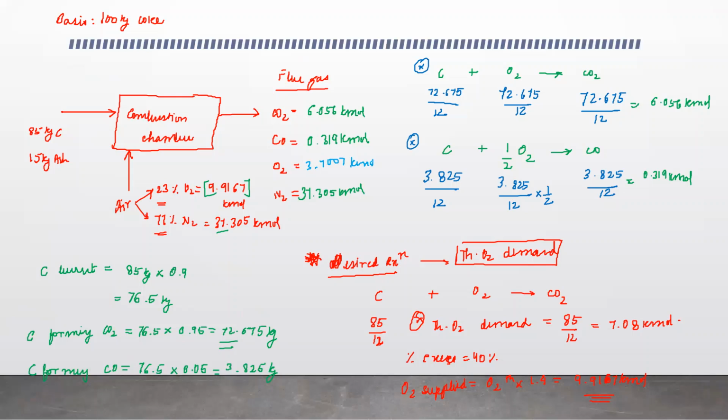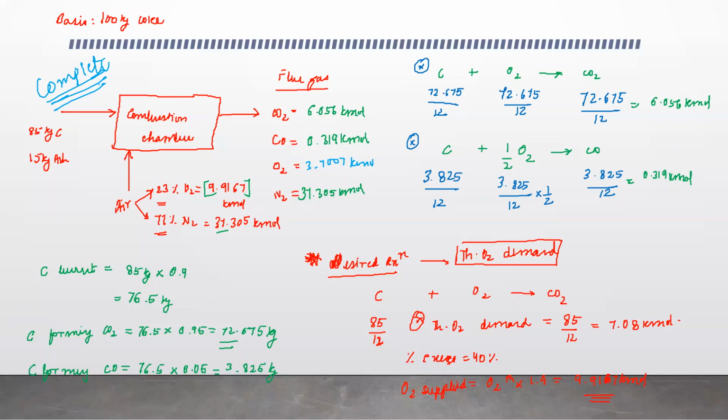We have the outlet flue gases. We have air, whatever has been fed. So we have everything in this block diagram. Our block diagram is complete. Once our block diagram is complete, the majority of our work is done.